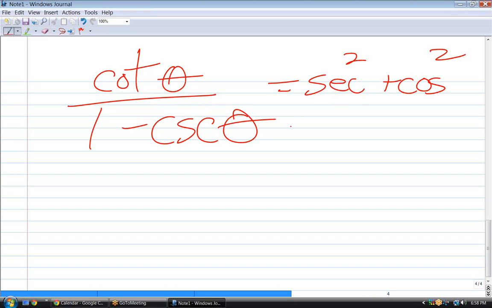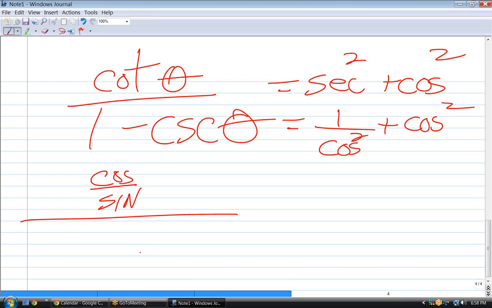I can rewrite this one as 1 over cosine squared plus cosine squared. So let's see, again this was cosine over sine, all divided by 1 minus 1 over sine, which is sine minus 1 over sine.